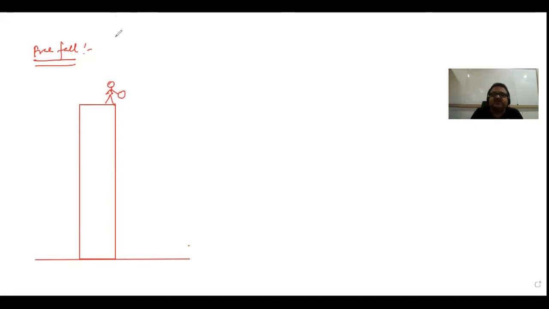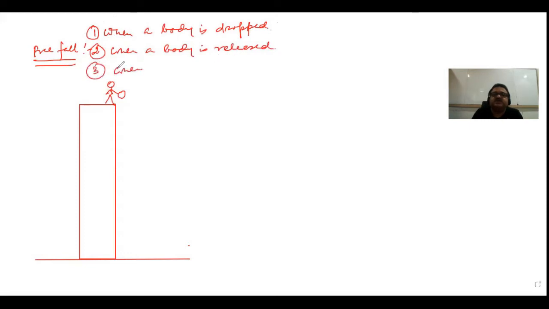Free fall in a question is mentioned when a body is dropped, when a body is released, when a body starts falling from rest.